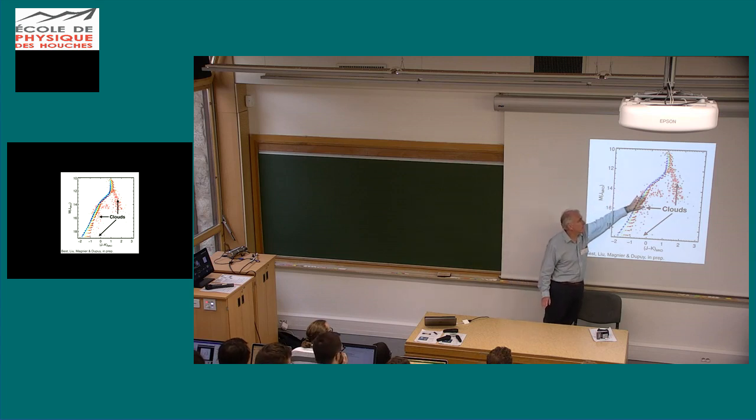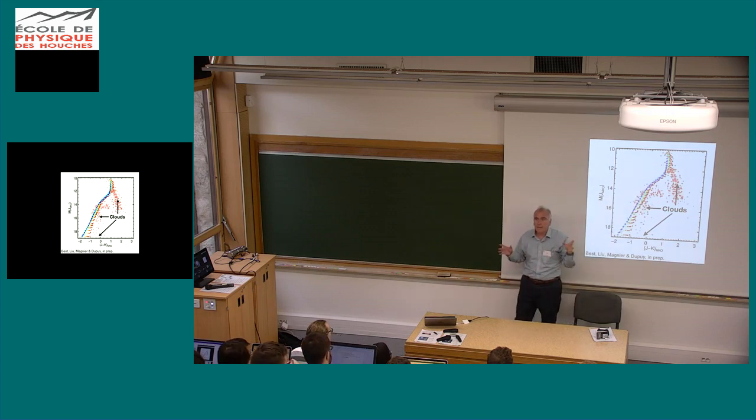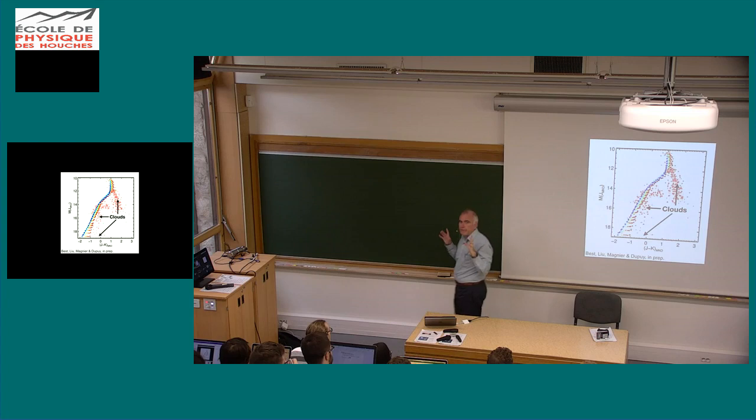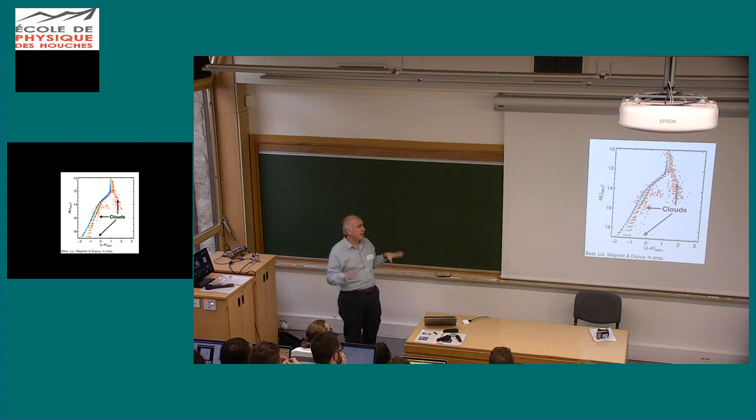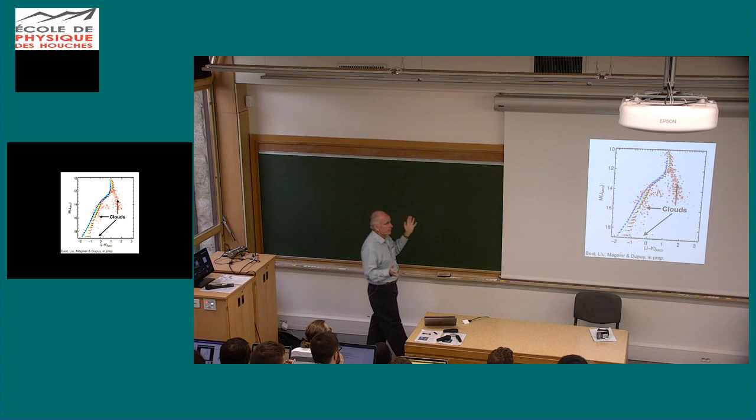For the mid T dwarfs over here on the left, you don't need clouds. But every other departure on this figure you cannot understand without including clouds. So clouds are fundamental to understanding almost all the objects among the brown dwarfs. You have to have some kind of approach to the clouds.